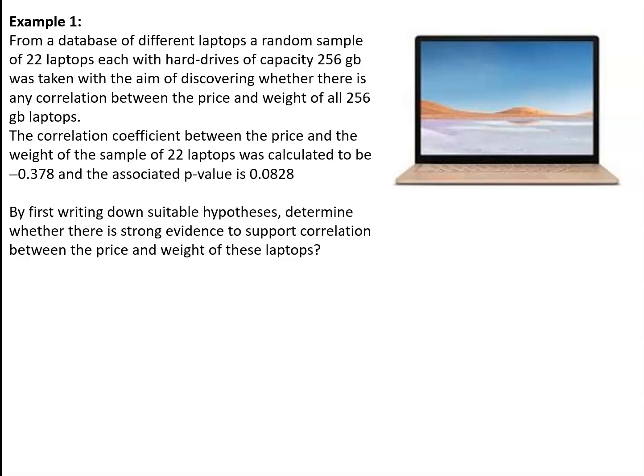The correlation coefficient between the price and the weight of the sample of 22 laptops was calculated to be minus 0.378, and the associated p-value is 0.0828. By first writing down suitable hypotheses, determine whether there is strong evidence to support correlation between the price and the weight of these laptops.